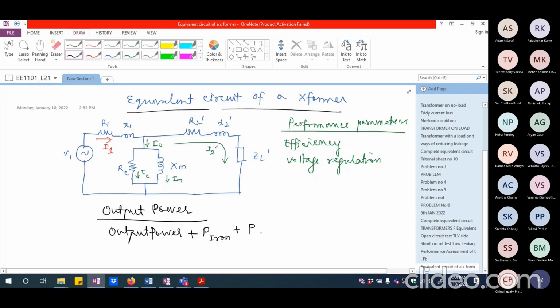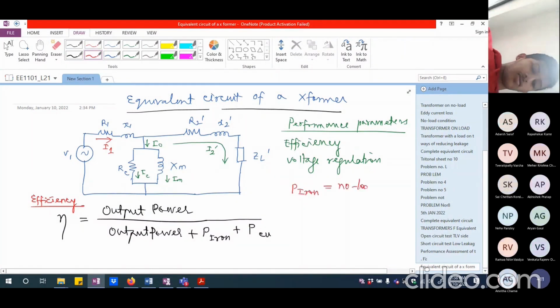And the other one is copper loss, which is generally specified as PCU. So these are two different types of losses that we have to account for when we want to calculate efficiency. Efficiency is calculated if I know the output power and the iron losses and copper losses. Iron losses I should be able to obtain from the no load test.